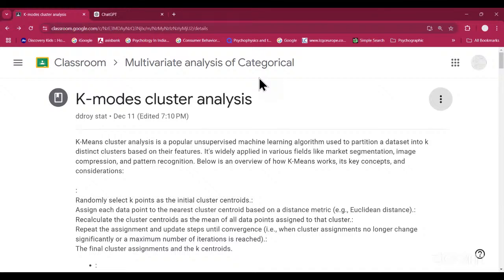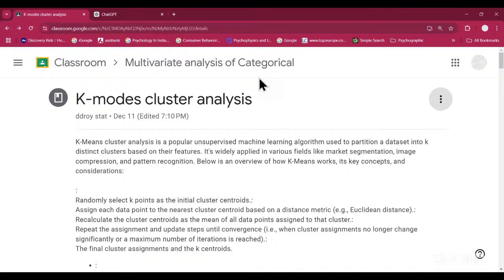In that case, our learning is supervised. That means I have a previous assumption that this is the classification.